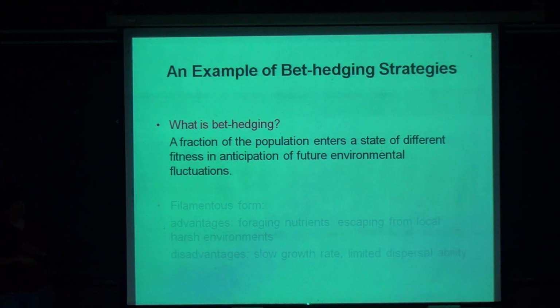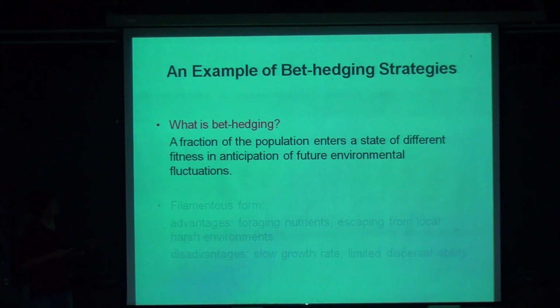So if the cell uses a strategy we call bet hedging, that is just like when you invest your money, instead of putting all your money in one company, you invest your money in different stocks and different companies, and then even if one company goes bankrupt, you are not going to lose all your money. And that's the idea for the microorganism too.